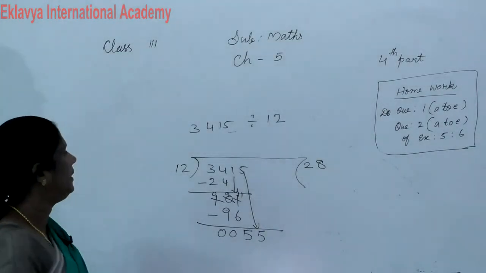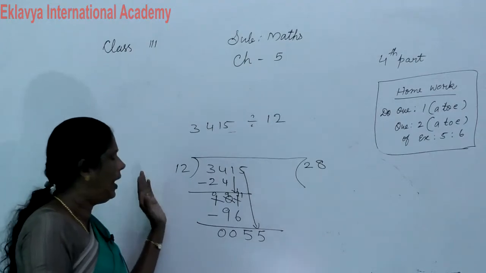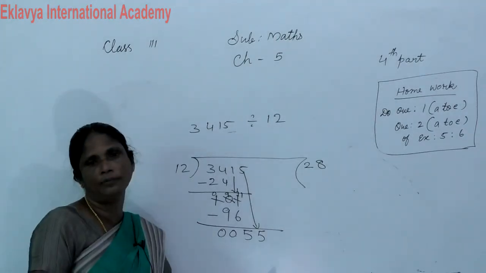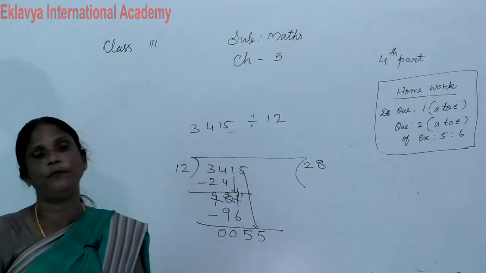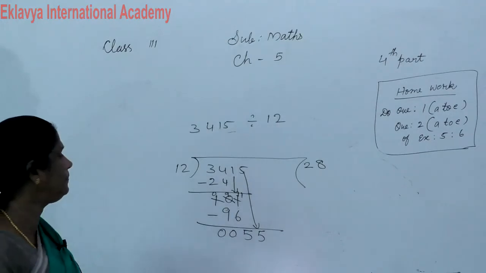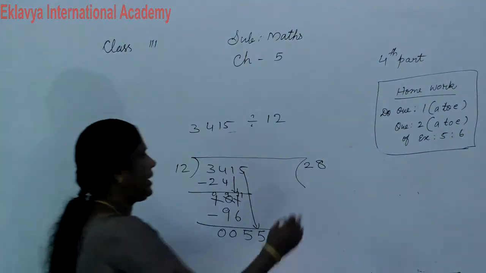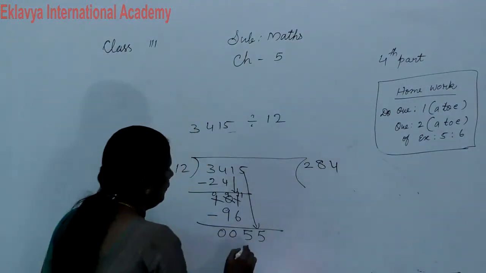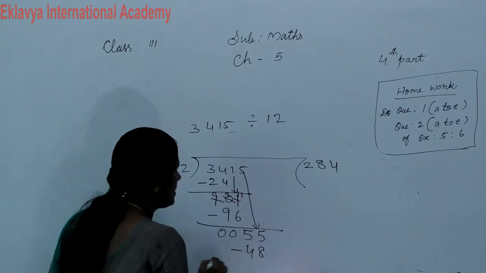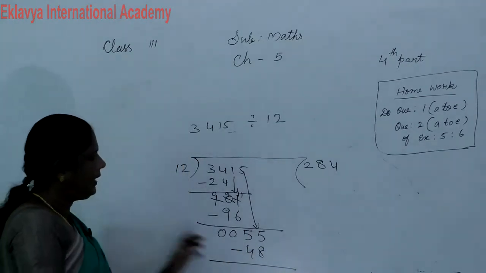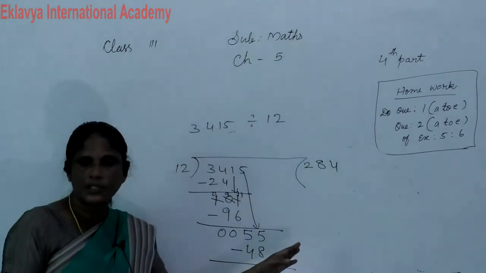Then table of 12, how many times come in 55? 4 times, 48. Now subtract this. 8 take away from 5. Is this possible?